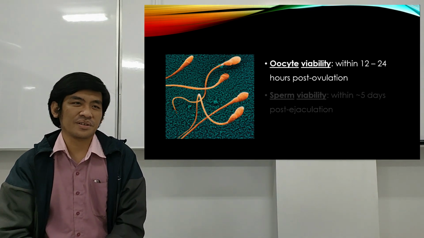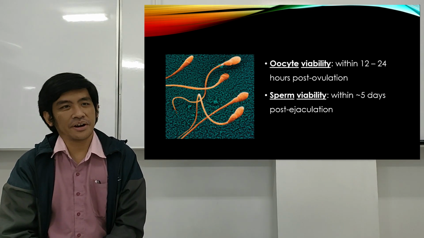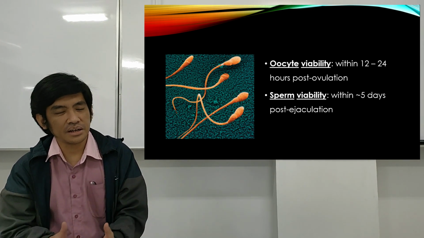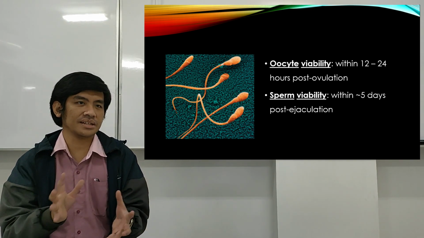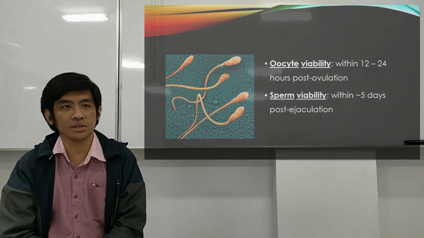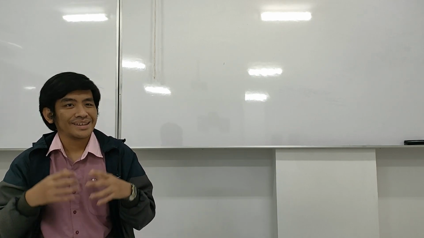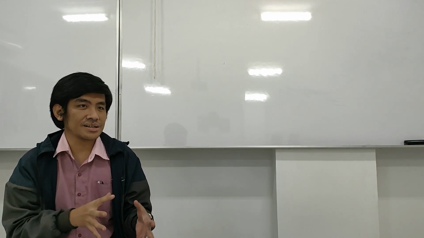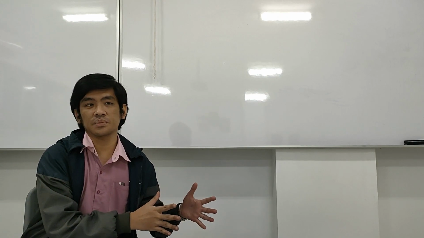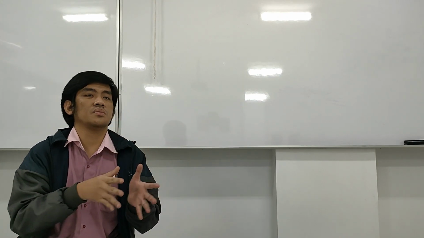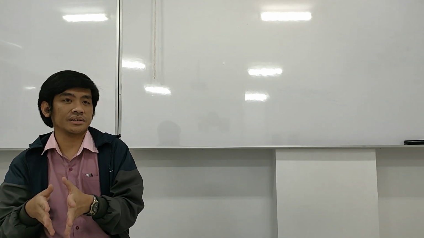The sperm, however, retain their fertilizing power inside the female reproductive tract for approximately 5 days after ejaculation. Consequently, for fertilization to occur, sexual intercourse must occur no more than 2 days before ovulation and no more than 24 hours after.